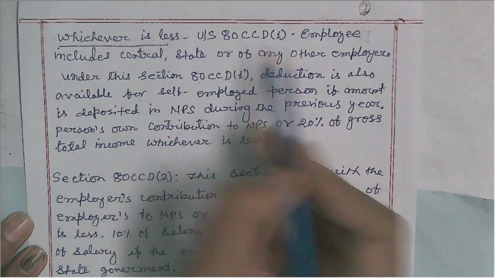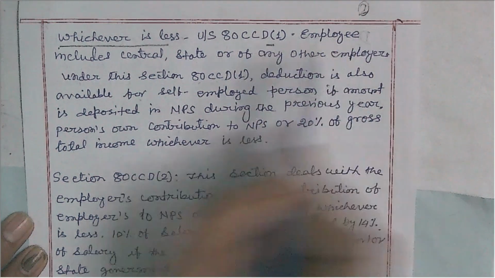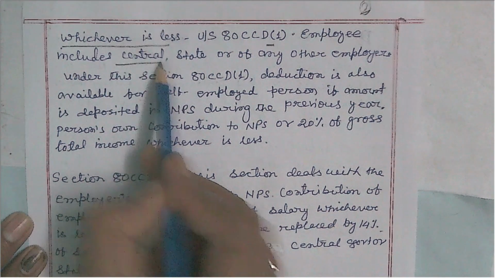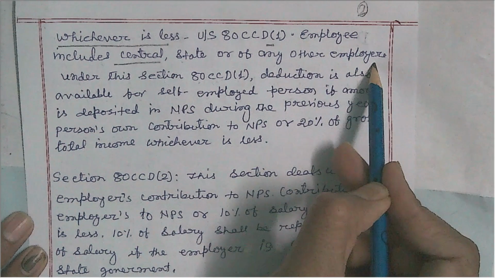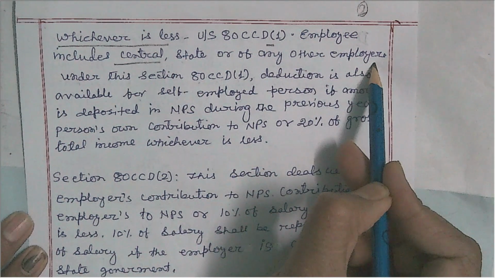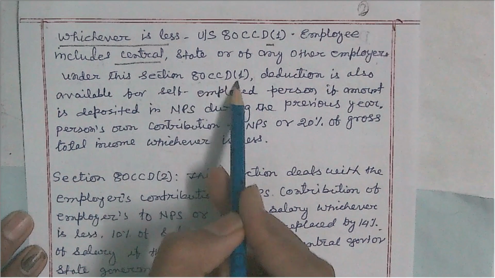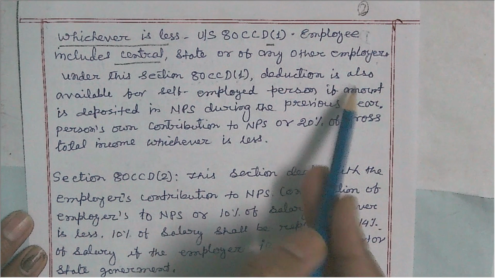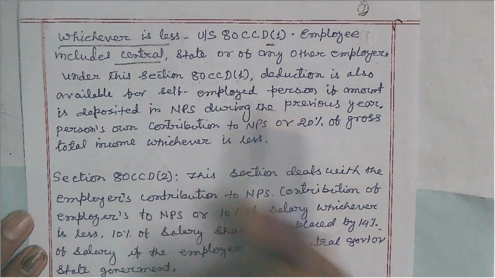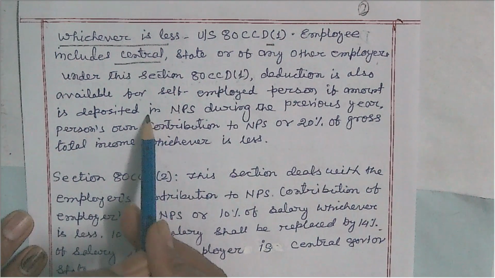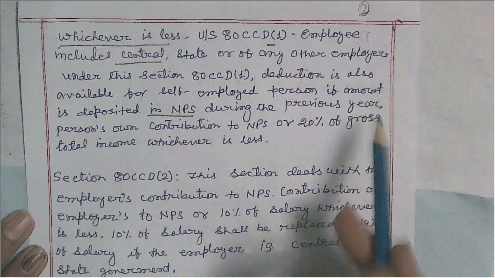Under section 80CCD subsection 1, employee includes central government, state government, or any other employer. Deduction is also available for a self-employed person if the amount is deposited in NPS during the previous year.